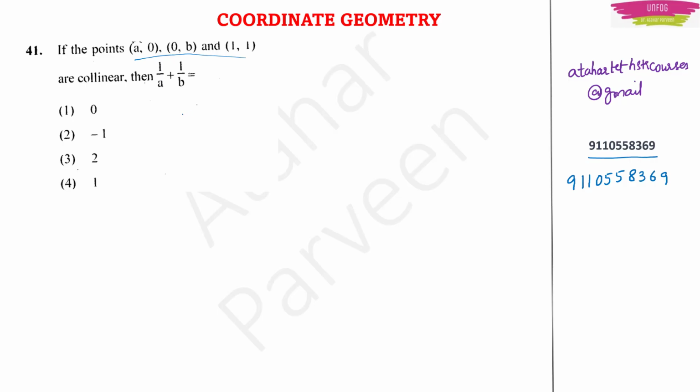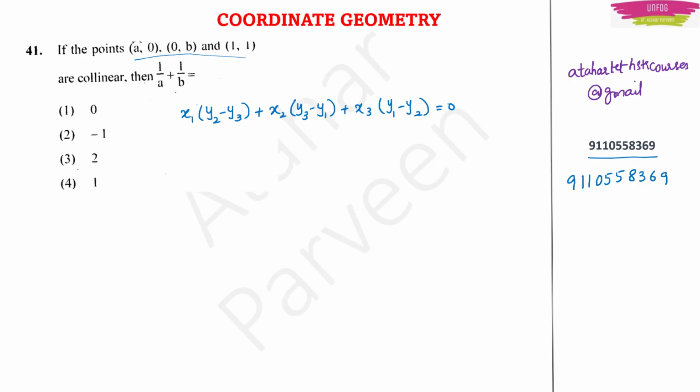The condition is x1(y2 - y3) + x2(y3 - y1) + x3(y1 - y2) = 0. Actually, the left hand side will have a half also, but it goes to the right hand side and becomes 0, so I am not writing that half here. This is the condition for collinearity.